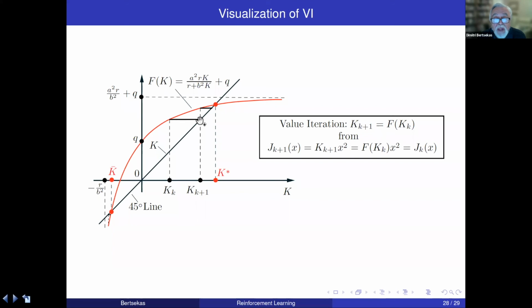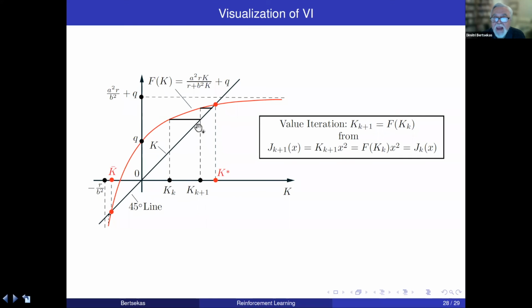You reflect this level across the 45-degree line, and that gives you K_{k+1}, right? K_{k+1} is equal to this level here. But this is equal to that, right? Because it's a 45-degree line. So that's the way you get K_{k+1}.